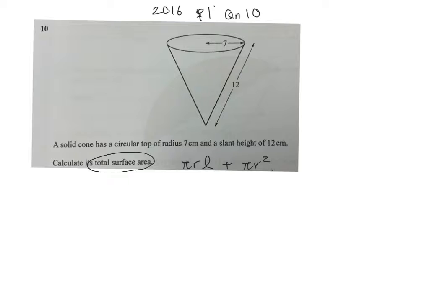Have you ever wondered why sometimes it is only pi r l and sometimes you must add pi r square? Or you don't know what I'm talking about? Have you ever encountered the situation when I ask you total surface area, then sometimes it's just pi r l? Crickets. So actually, this is okay with you, no issues.